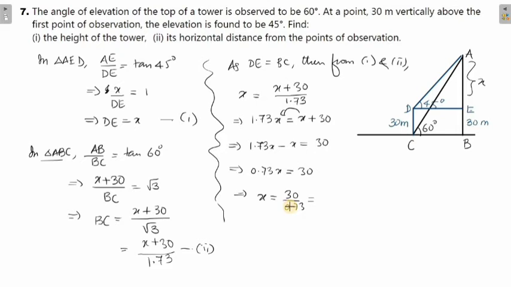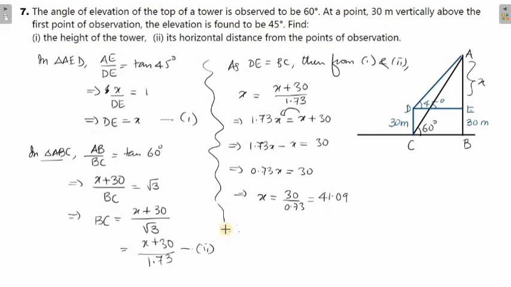When you divide 30 by 0.73, you get your answer to be 41.09. So this is your value for x, remember.